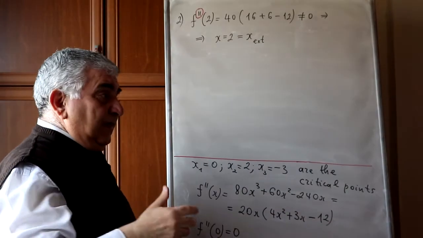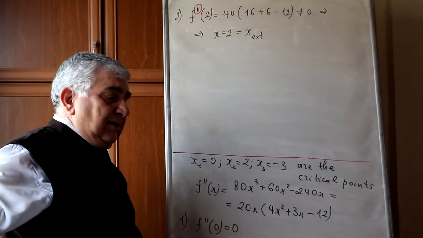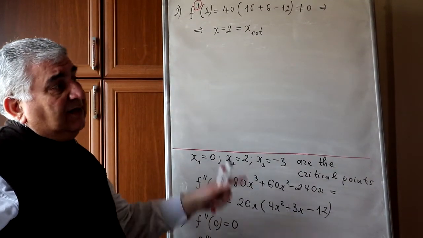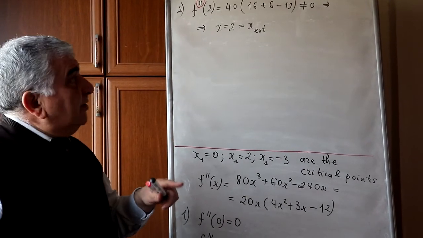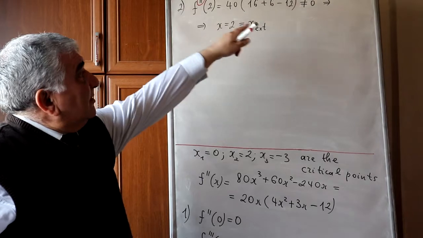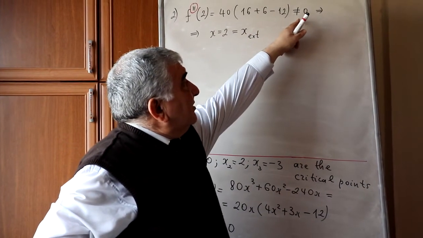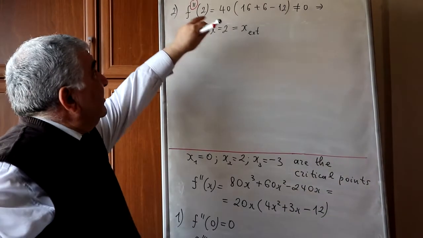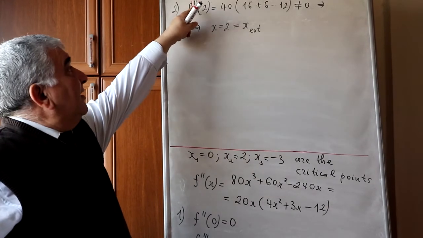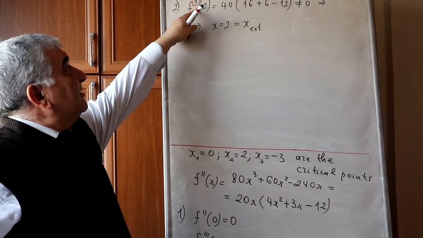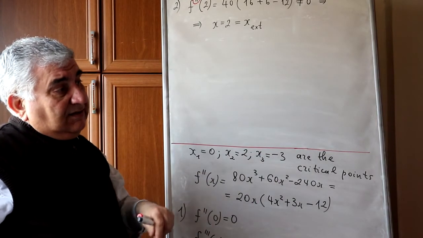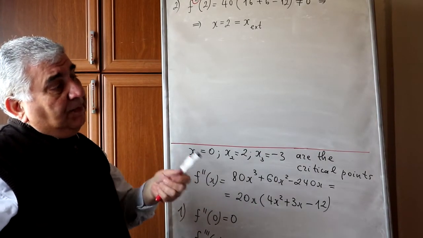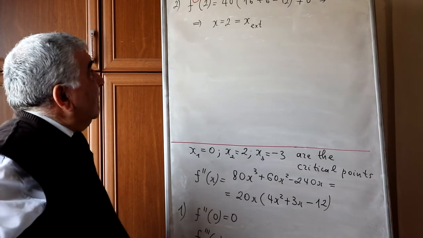According to the condition of investigation, if the order of the first non-zero derivative, because this second derivative is non-zero, is an even number, here the order of this derivative is 2, it is an even number. It means the given critical point is an extreme point.